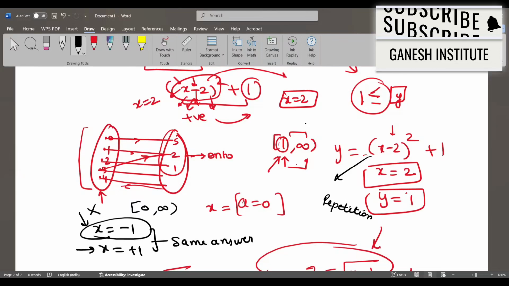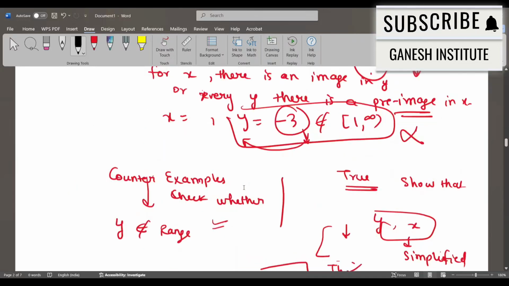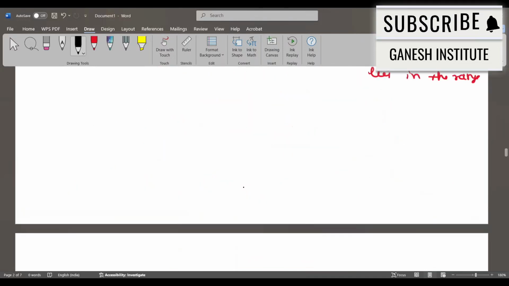But how do we use the proving part for it? f(x) is x minus 2 whole square plus 1. Now see, in order to prove one-one, you always consider let f(x1) is equal to f(x2).